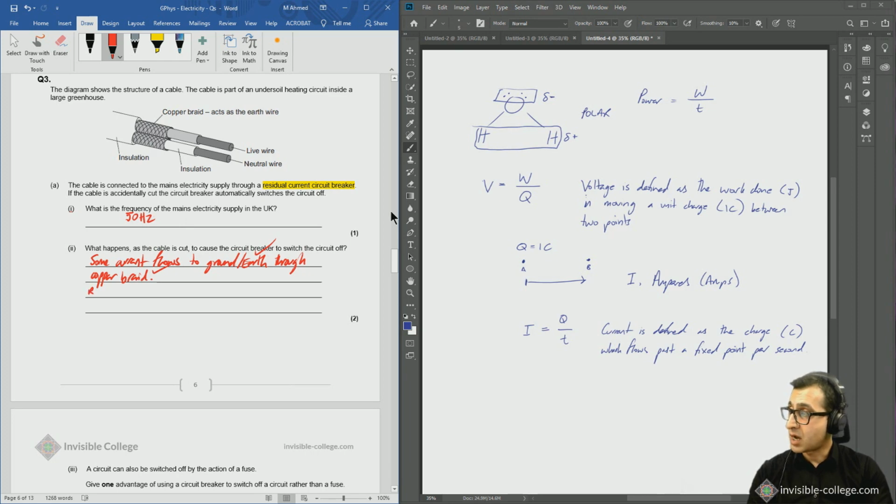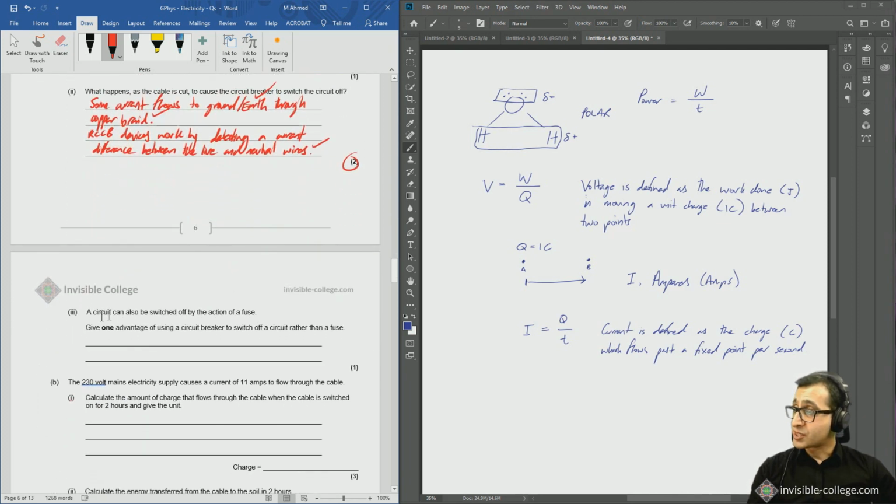So we can say here that RCCB devices work by detecting a current difference between the live and neutral wires. So this would be an additional mark if you didn't get one of these first 2, but there's a maximum of 2 marks for this question. So that's part A, part 2.